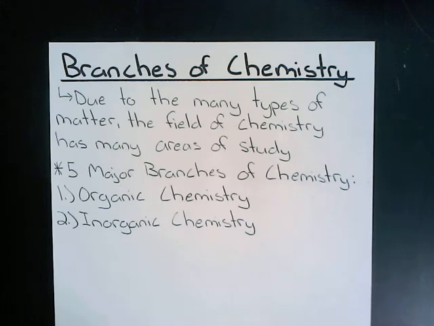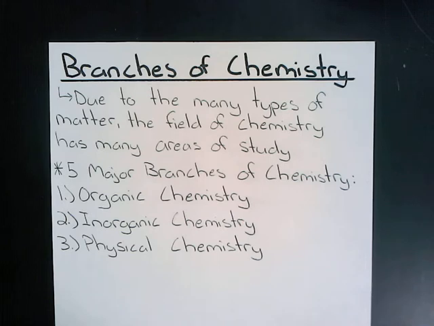A third branch of chemistry is physical chemistry, which has an area of emphasis on the behavior and changes of matter and the related energy changes. So things that a physical chemist may study are reaction rates, or what we call a reaction mechanism of a certain type of reaction.